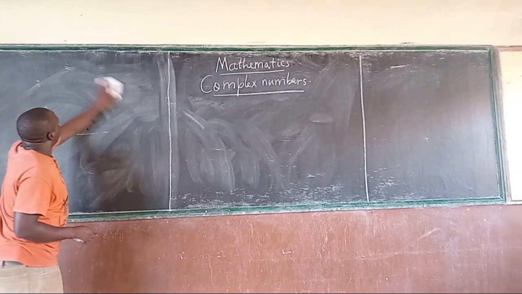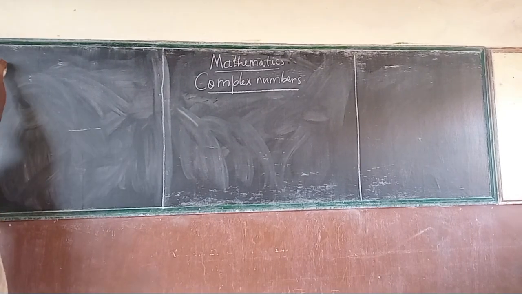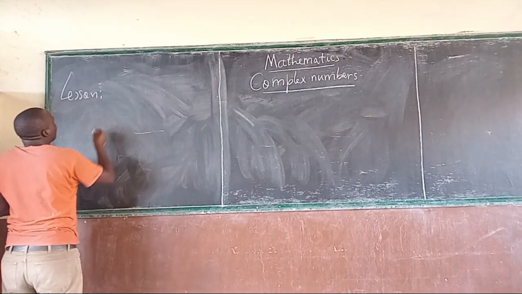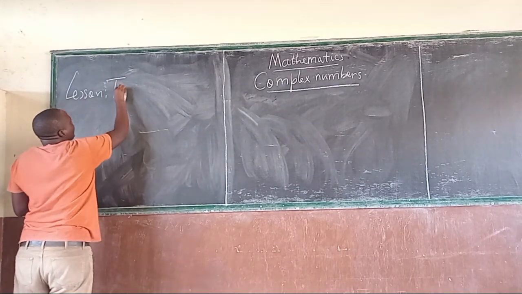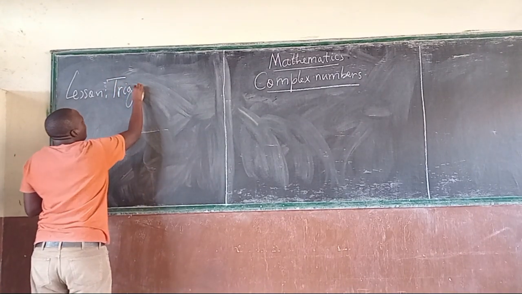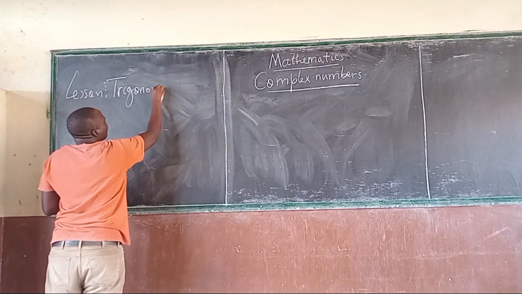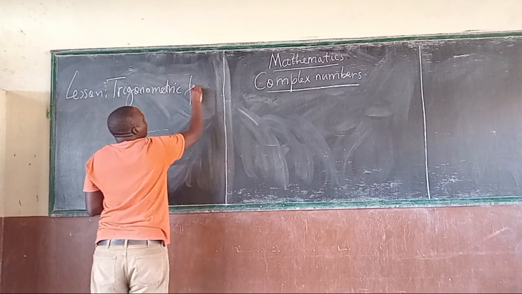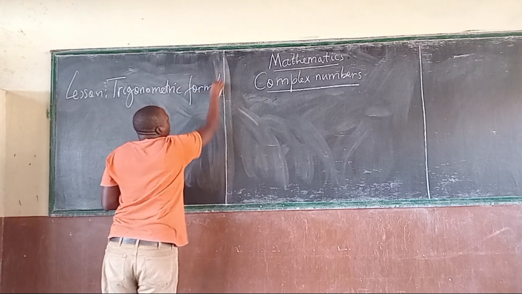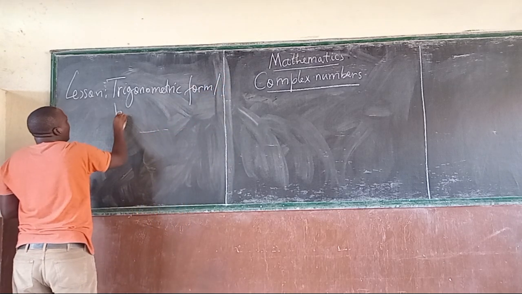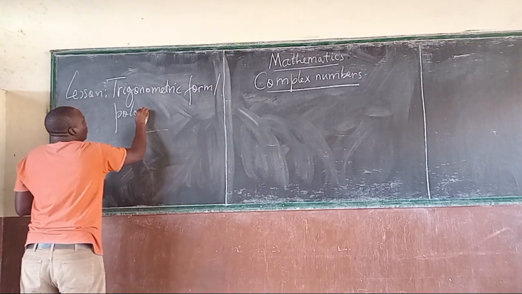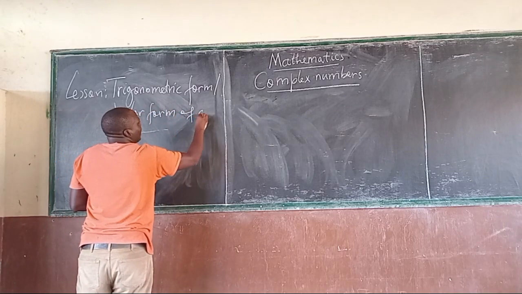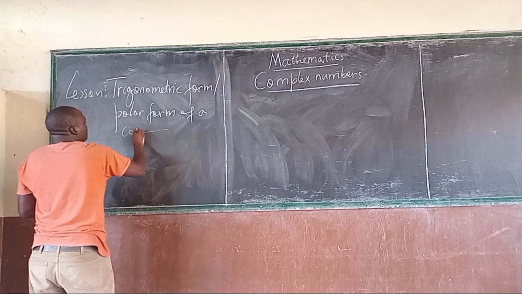The lesson of today is concerned with trigonometric form. We say trigonometric form or polar form of a complex number.